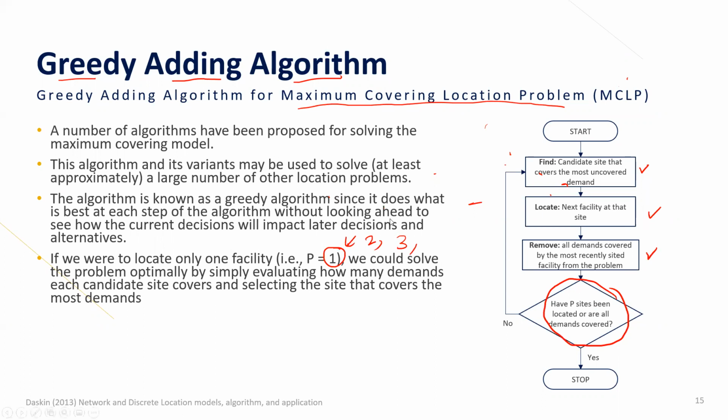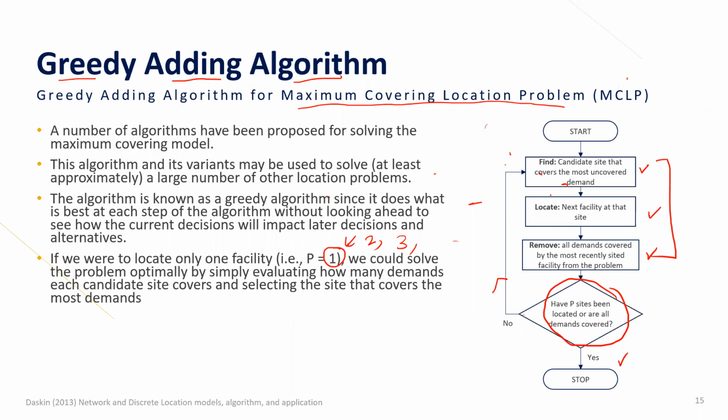But if not all the demand is covered yet, for example, if I open A, I only cover A, B, and C. What about the rest? We need to check, can I open more? If I can, which one should I open? If already covered, then finish. But if not, you go through the same process again. This is how we implement the algorithm.